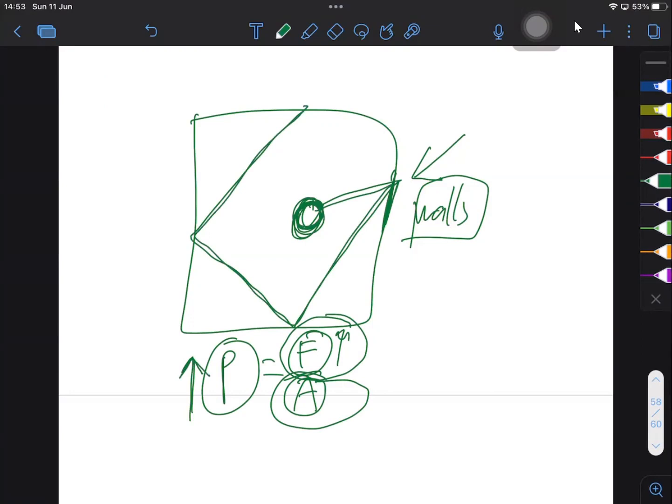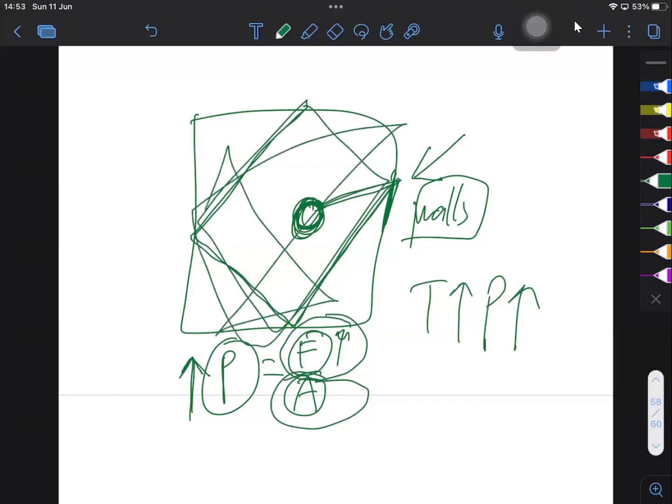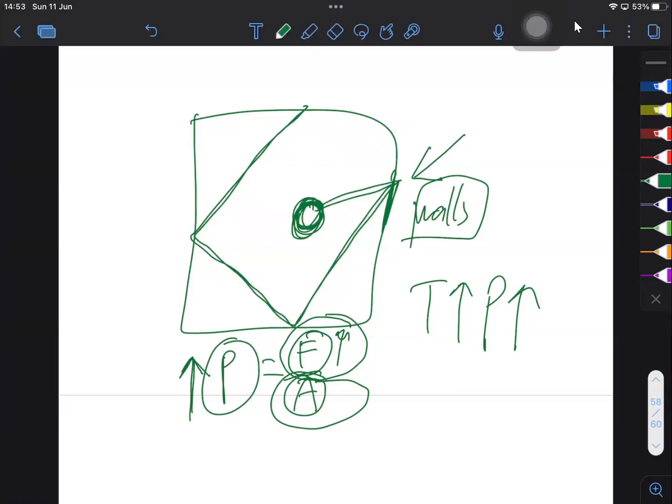Right, so the pressure could be affected in one of two ways only. Either it is affected by temperature. When the temperature increases, what happens to the pressure? Good. Why? Good. The particles have more energy, move faster, and thus have a greater rate of collision against the walls of the container, right?